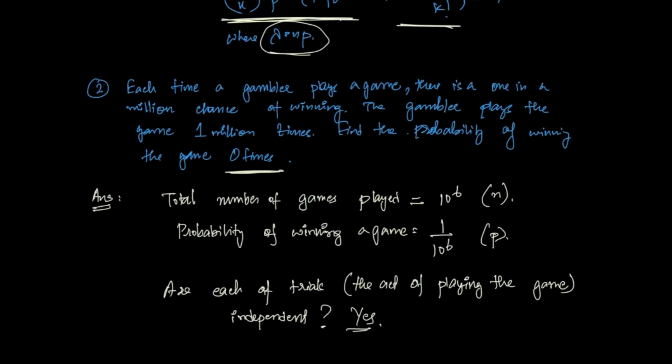A 1 in a million chance of winning is the probability of success, which is 1 by 10 to the power 6. The gambler plays the game 1 million times, so n is equal to 10 to the power 6. Finding the probability of winning 0 times means k is 0.